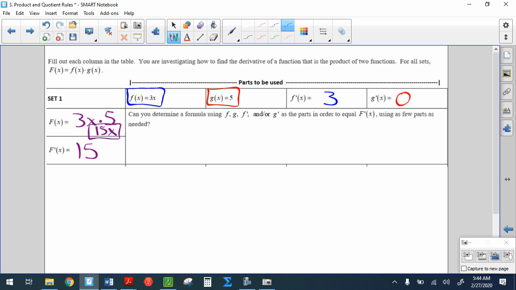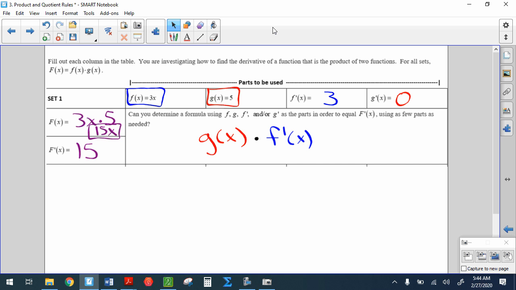So in this bigger box, it says, can you determine a formula using f, g, f prime, and g prime as the parts in order to equal F prime? In other words, how do I use the red and the blue to make purple? So I have g of x equals 5, times f prime of x.